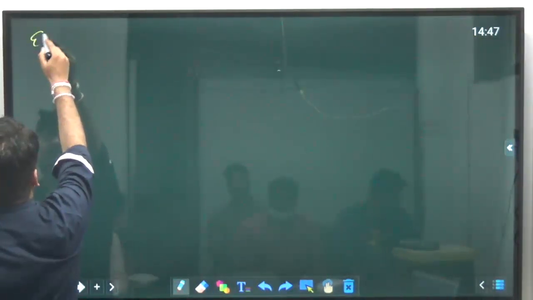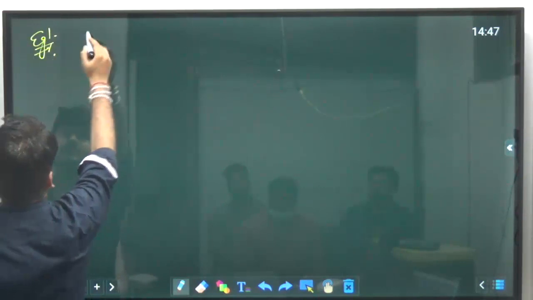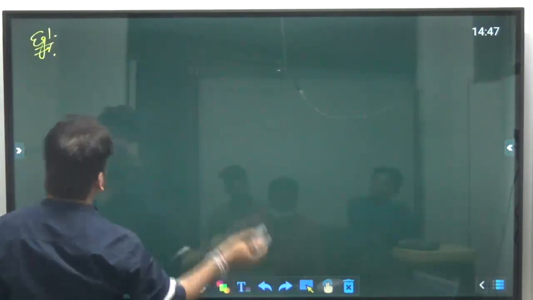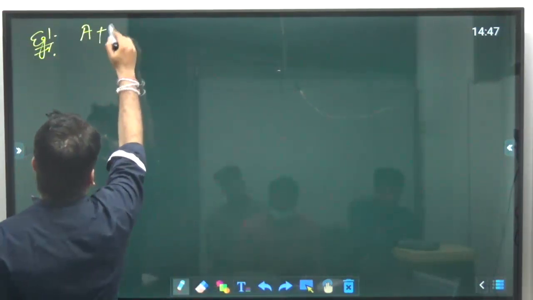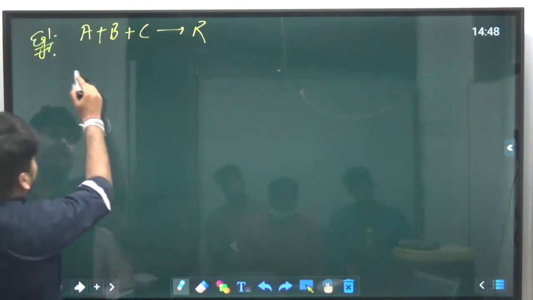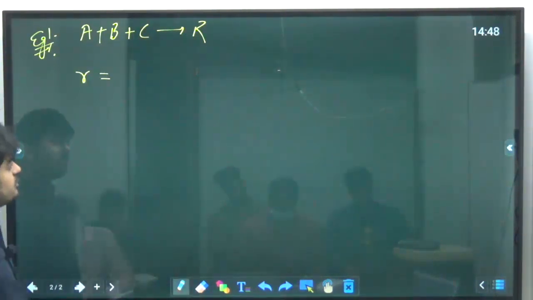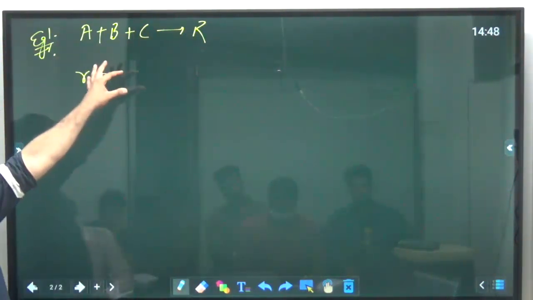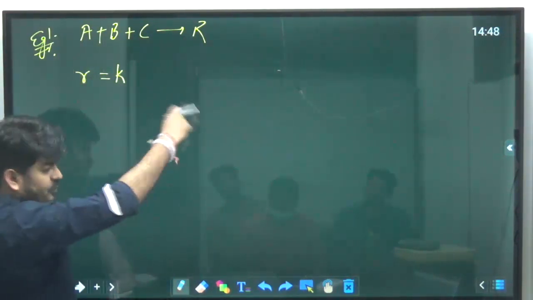So suppose we have a chemical reaction, A plus B plus C gives R. So according to power law, R will be equal to, how many reactants are there? 3. Okay, so K will be there obviously, and the product of reactant concentrations.